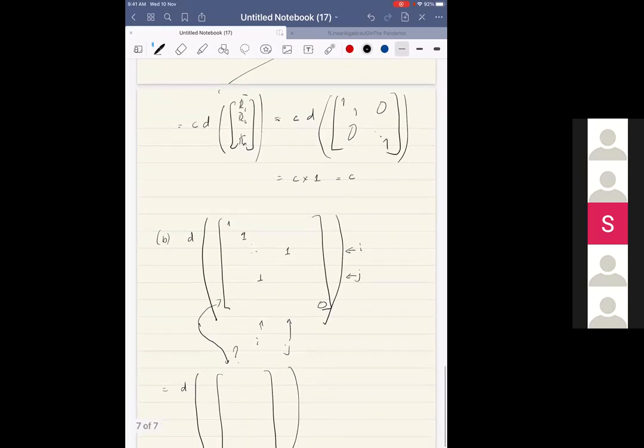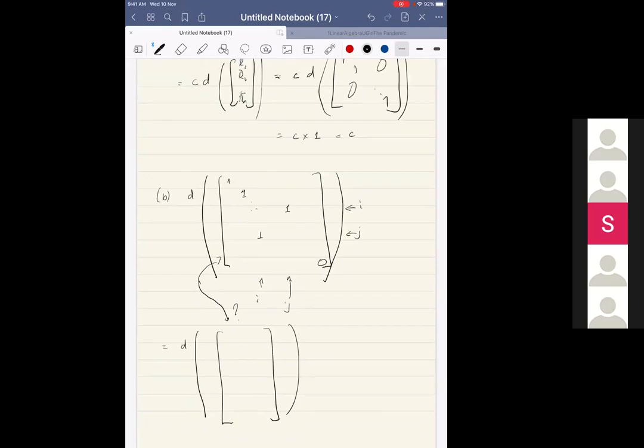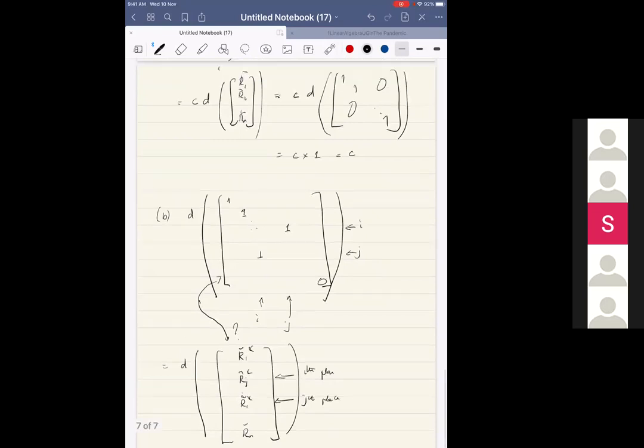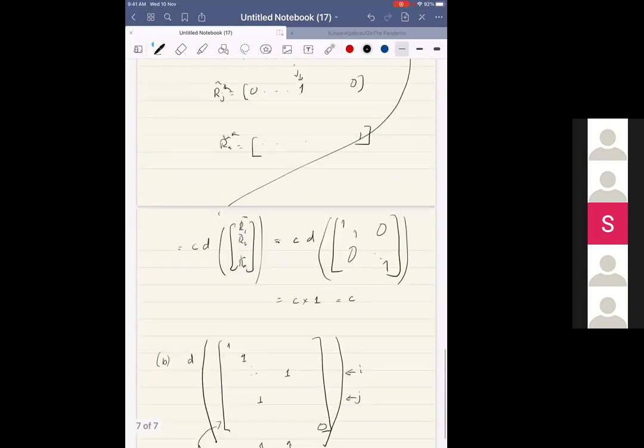Sir, we're switching Ri star and Rj star's positions. Very good. So this is equal to R1 star, Rj star, Ri star, Rn star, where this goes in the ith place and this goes in the jth place. So this matrix is got from the identity matrix by interchanging the ith row and the jth row.